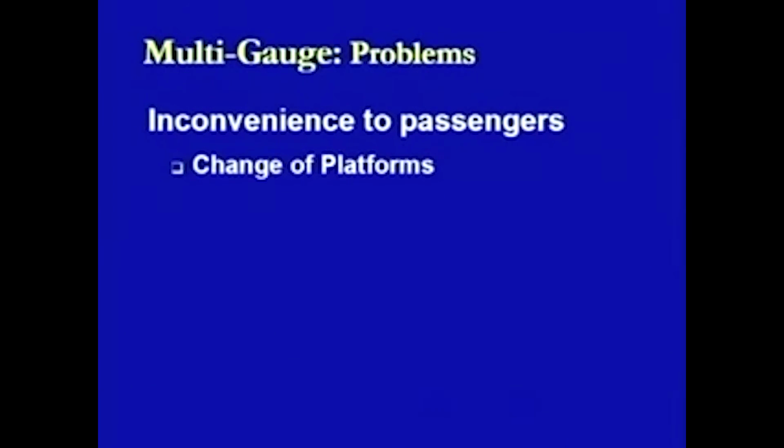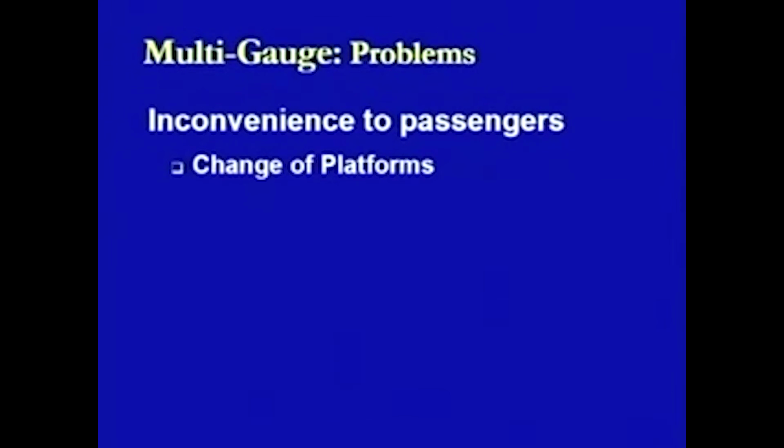The very first thing is the inconvenience to the passengers. What are the different types of inconveniences that can be there? One inconvenience is that because the specifications are different, the tracks are provided at different locations for the meter gauge, the broad gauge or the narrow gauge.